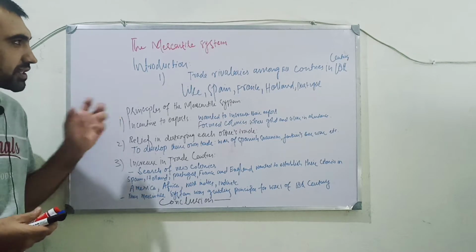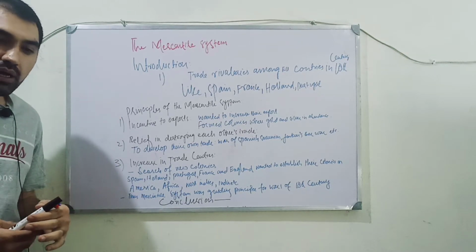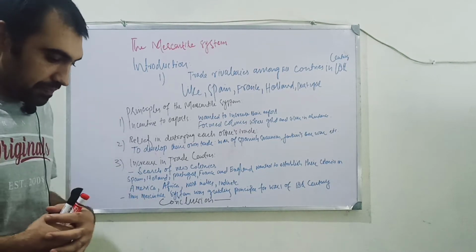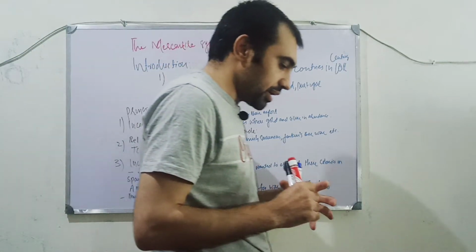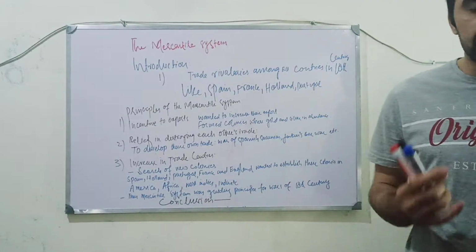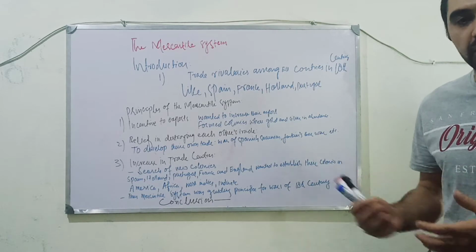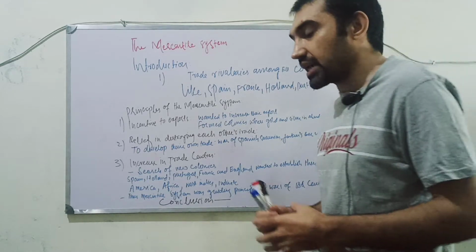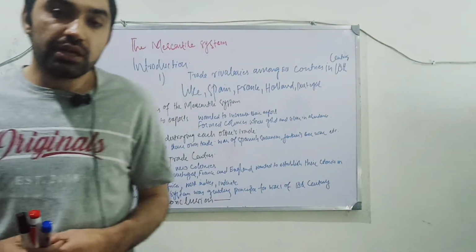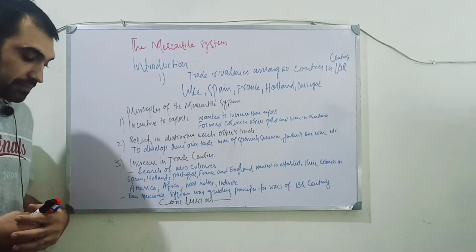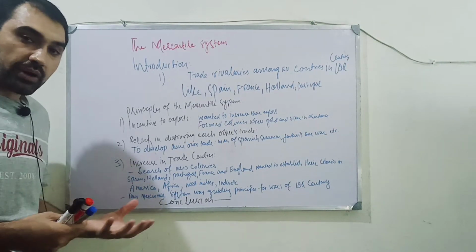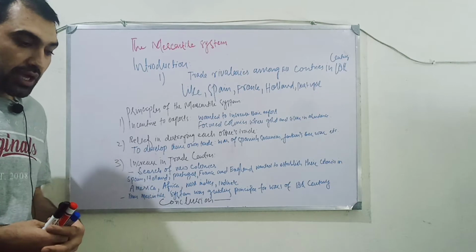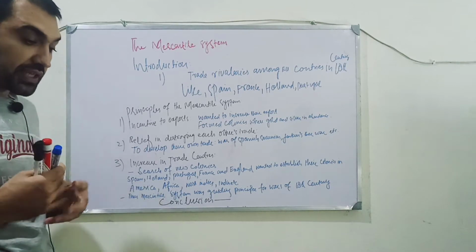This system was introduced in the 18th century when the European powers, many great powers that we will talk about in detail, were in a kind of tug of war. They were in a kind of war among themselves. What was the significance?